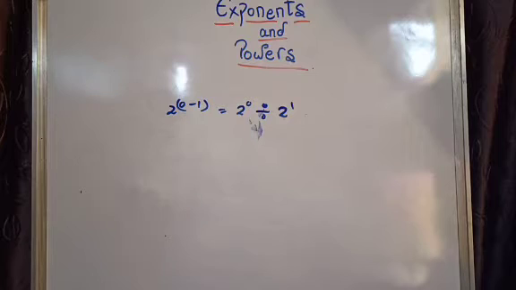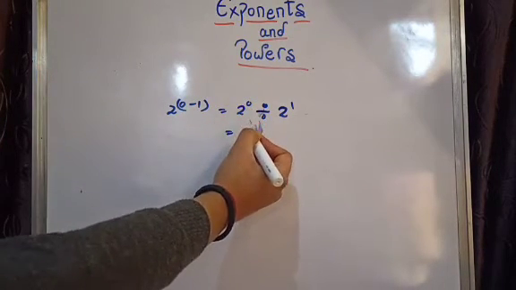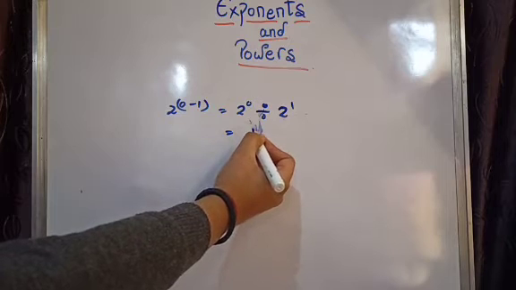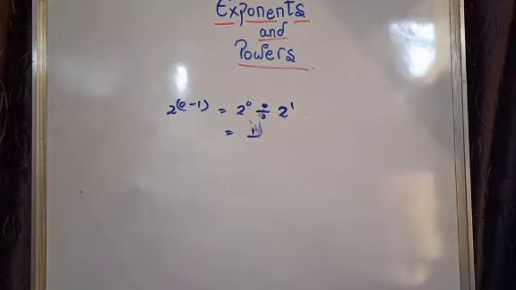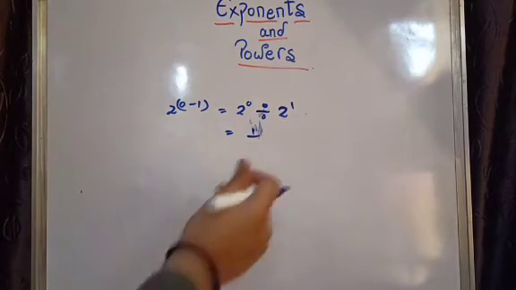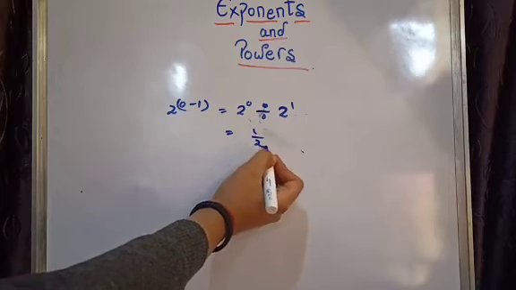Okay. So what will this result as? 2 to the power of 0 is 1 and then divided by 2, because 2 to the power of 1 is 2, so 1 divided by 2.